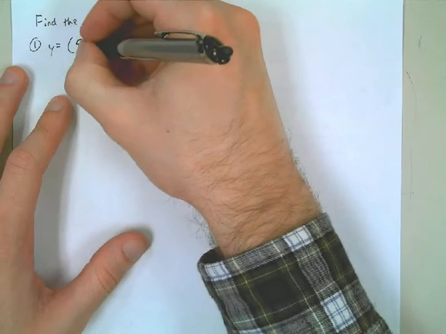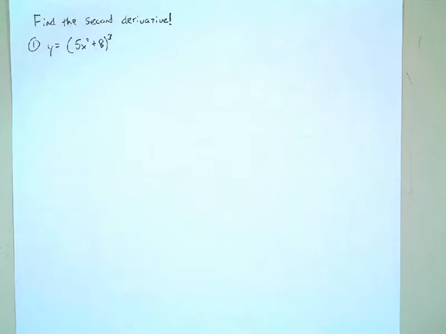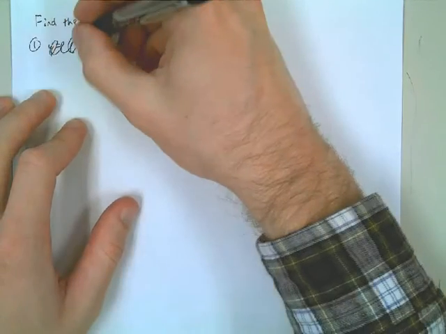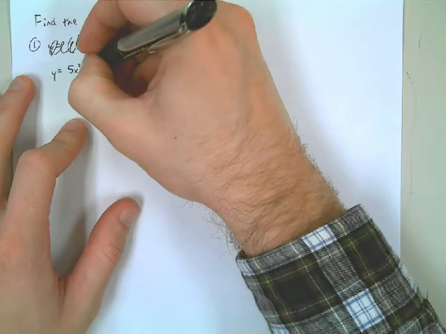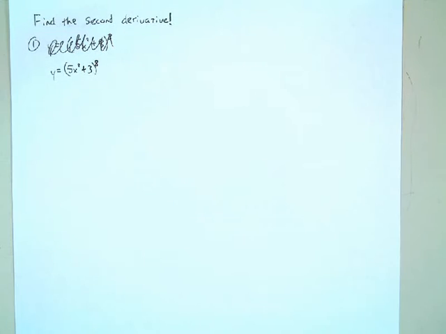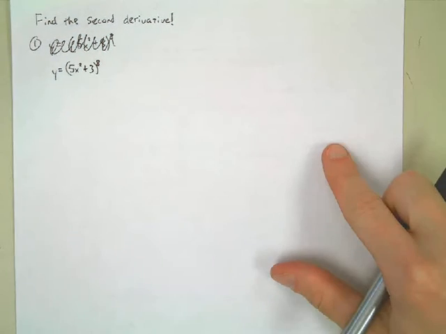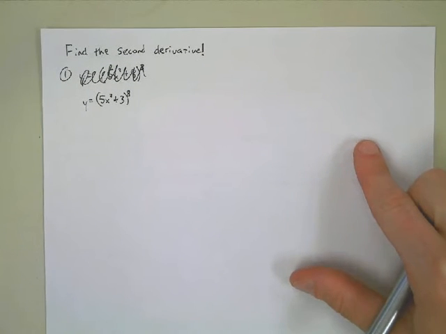I'm getting to the right time. Whoops. I totally transposed numbers here, sorry. There you go. The 5x squared. Yeah, 5x squared plus 3 equals 8. Or to the 8th. 5x squared plus 3 to the 8th power.